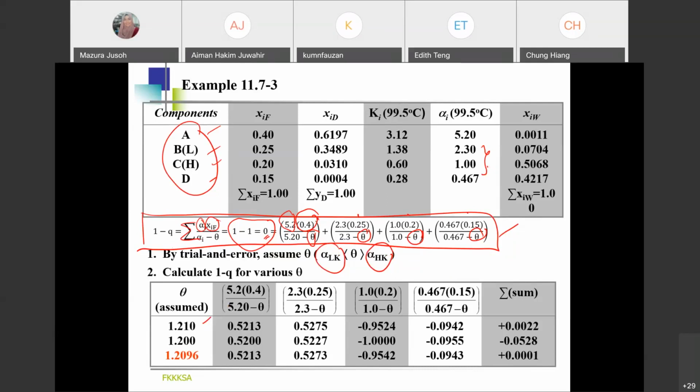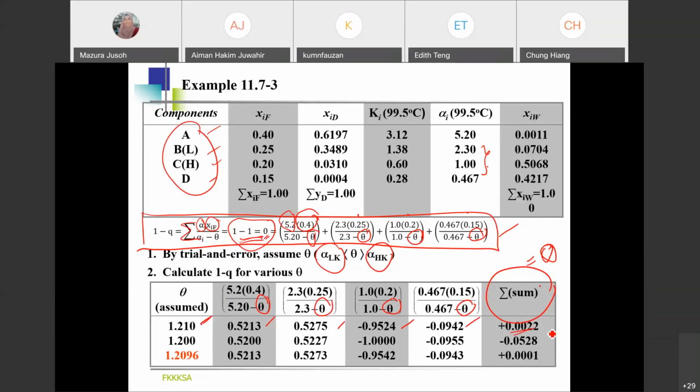Put in this theta and you get all these values, then get the summation. What you're looking for in this column is for it to be 0, because 1 minus 1 is actually 0.